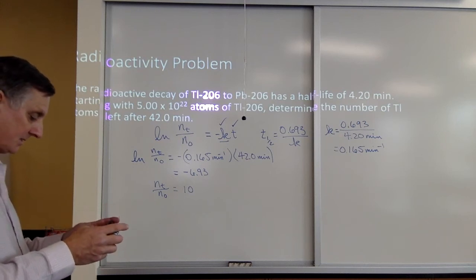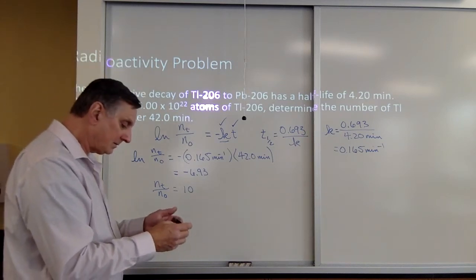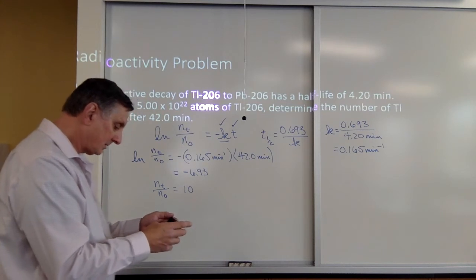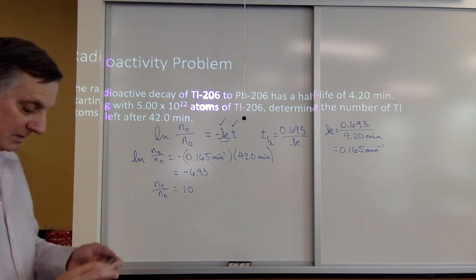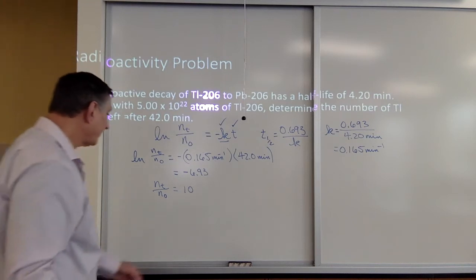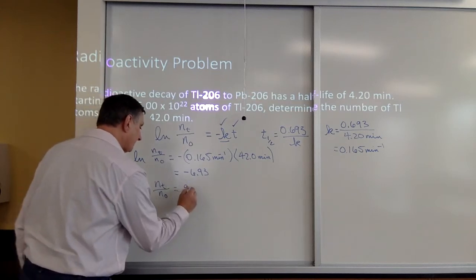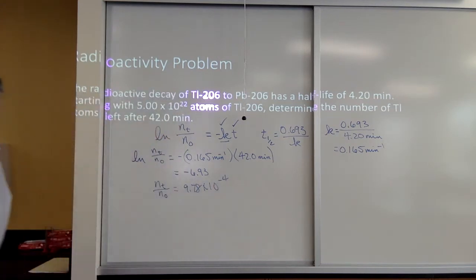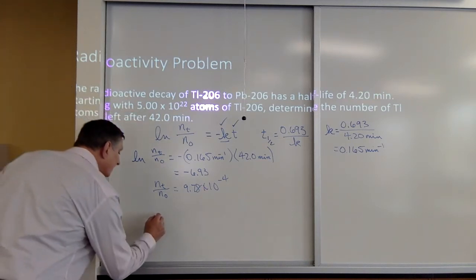So change sign: minus 6.93, and e to the x is 9.78 times 10 to the minus 4th. A unitless ratio. Now the number of atoms, n sub 0, is 5 times 10 to the 22.